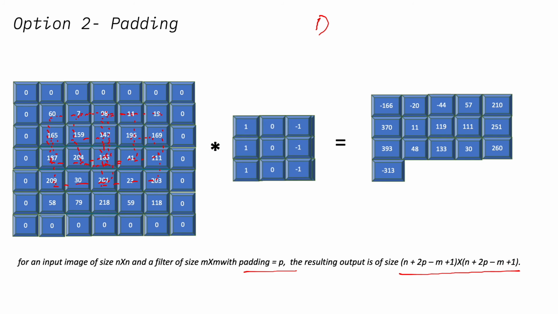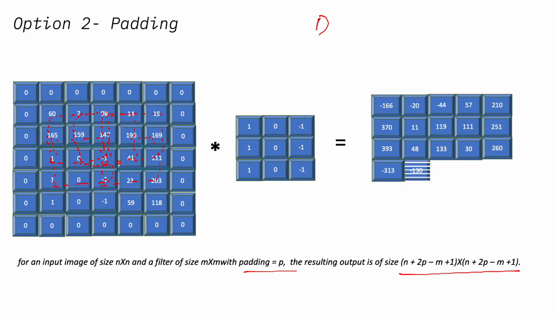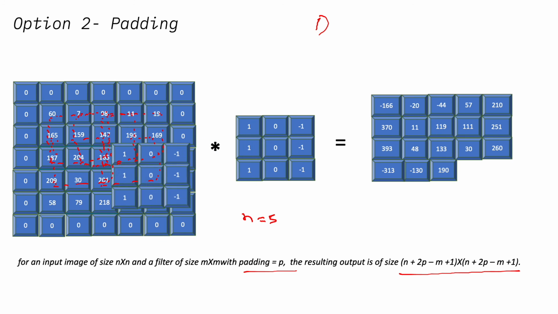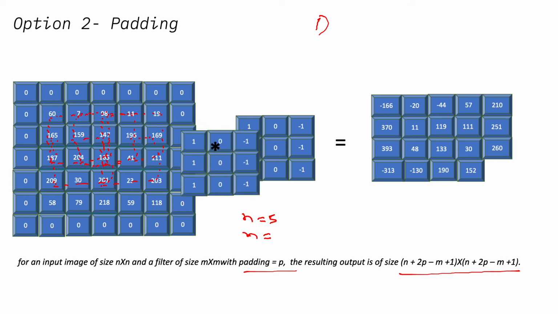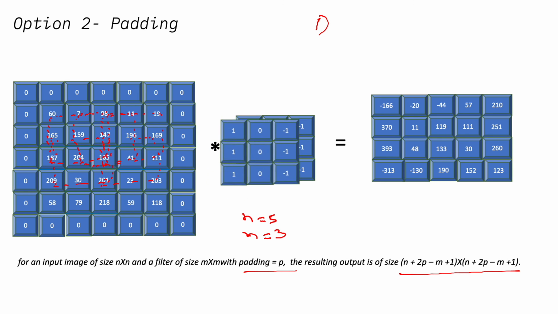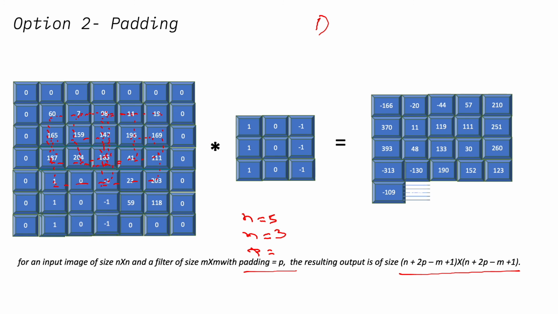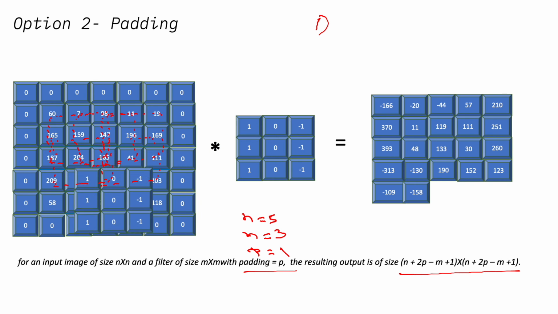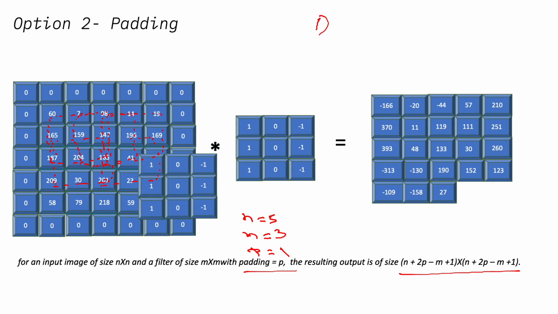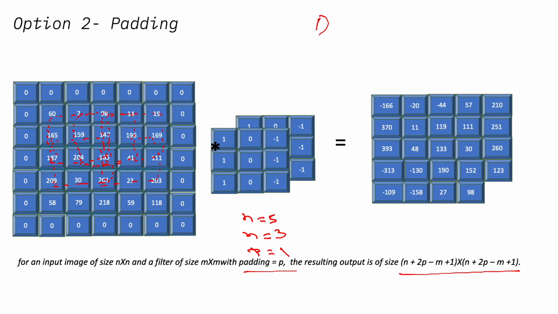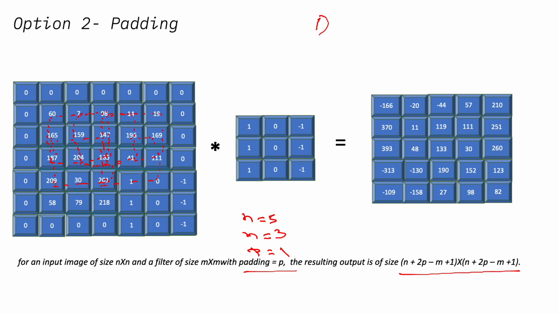So your n from the previous slides is n equals 5, m equals 3, p equals 1. And here we are assuming we're just striding at the rate of 1.